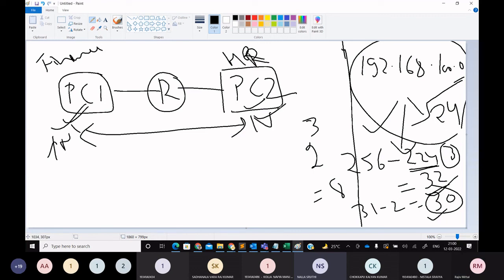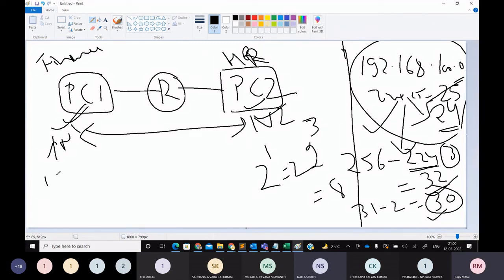So 2 bits? In fact, even 1 bit is okay, because 2 to the power 1 is 2. 2 networks I can get. So if I use 1 bit to make this network, this will become 24 plus 1. The network will become 25.